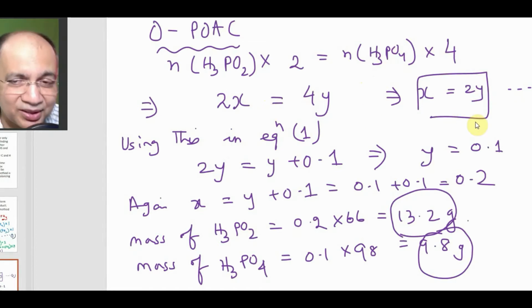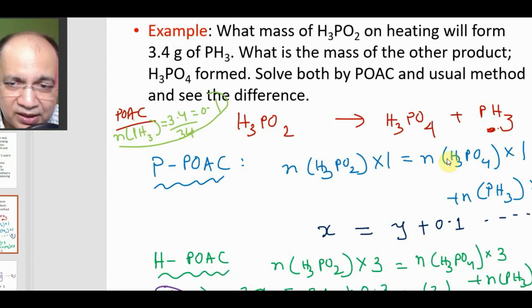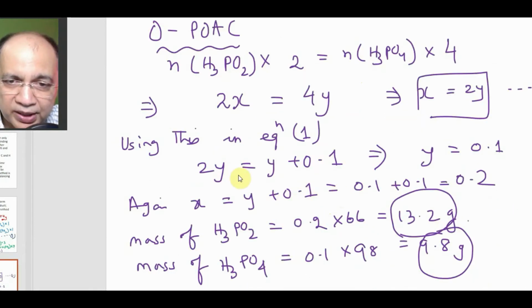So this is another equation. So we have 2 equations. We can use x is equal to 2y here, and then we get y is equal to 0.1. And once we know y, we can put it in either of the two to get x. X is 0.2.